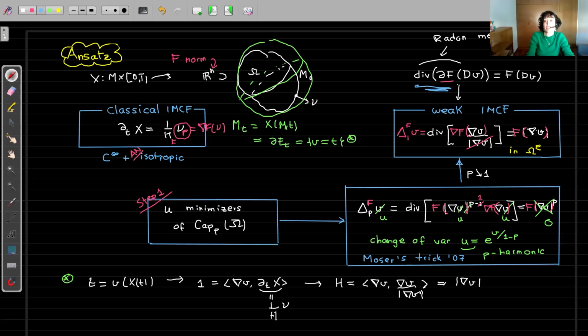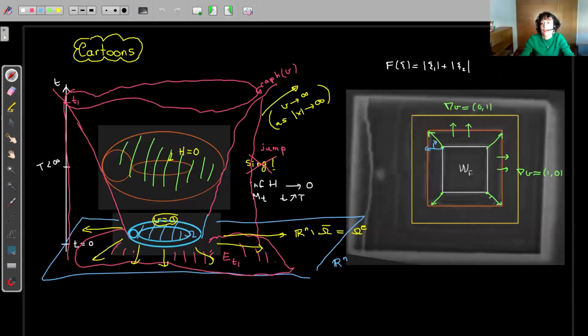And that cannot be a singular measure because we are claiming that the solution b has no jumps. So that's not the right way of evolving that crystal. So with the Euclidean normal, it doesn't work.